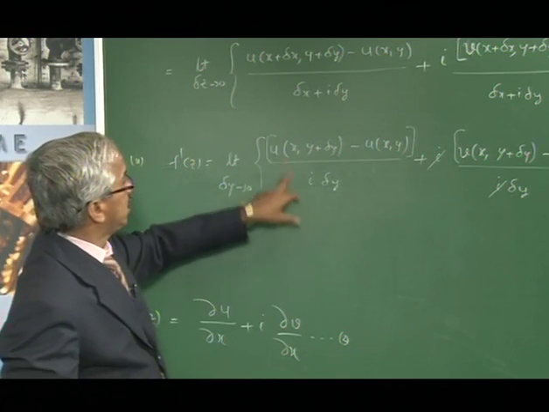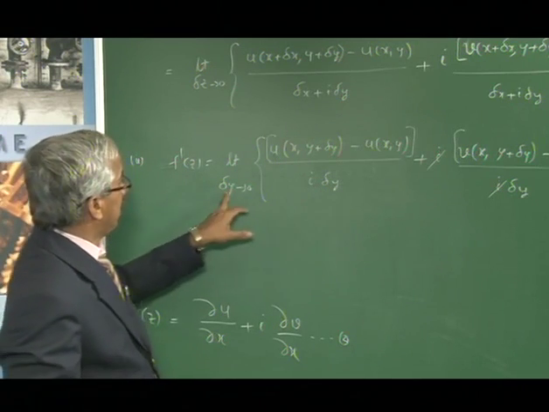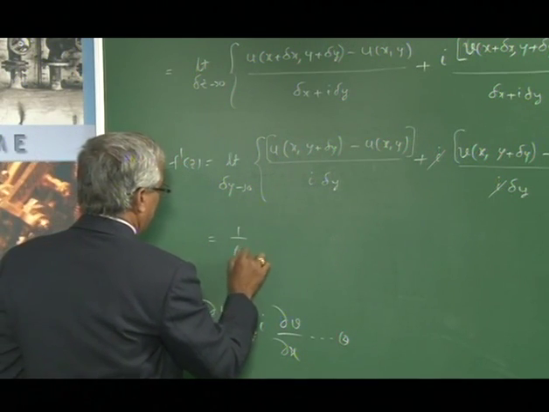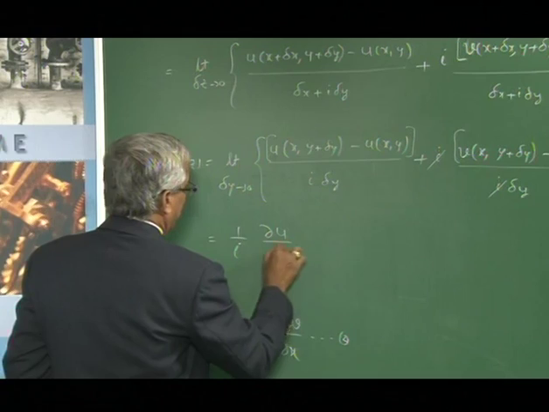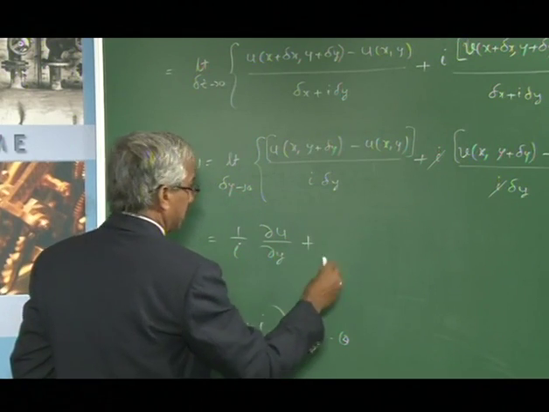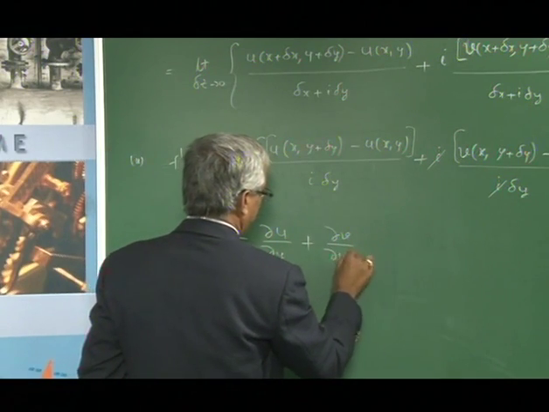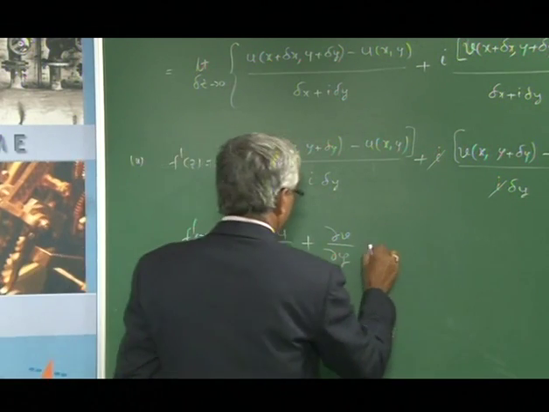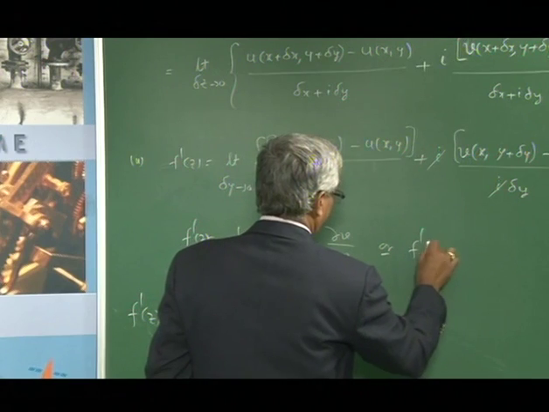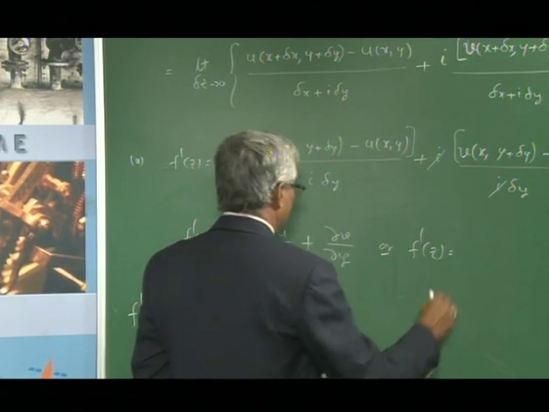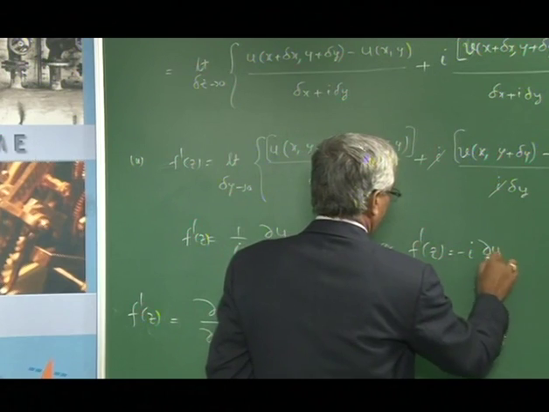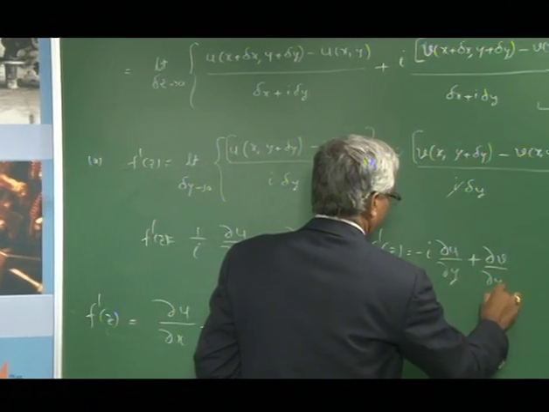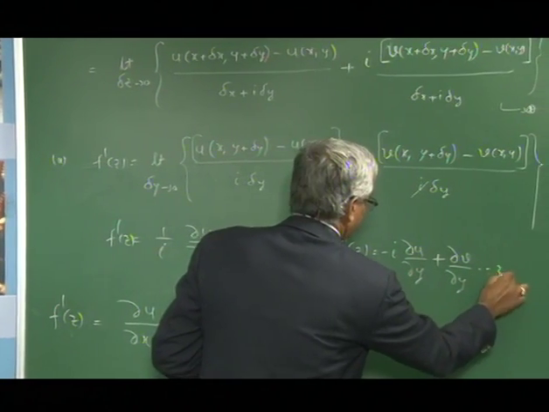Therefore, it is a partial derivative of u with respect to y. That gives 1 by i into ∂u/∂y plus ∂v/∂y. So f'(z) is equal to minus i ∂u/∂y plus ∂v/∂y, that is 3.